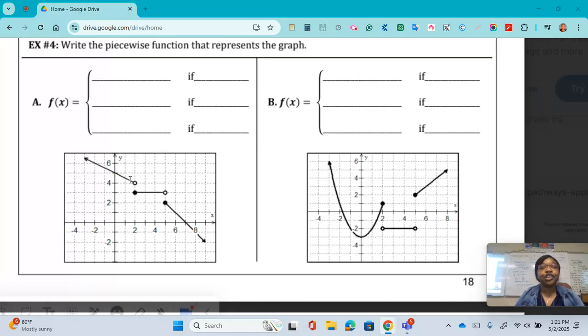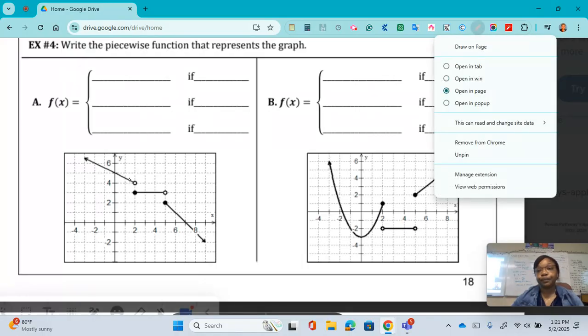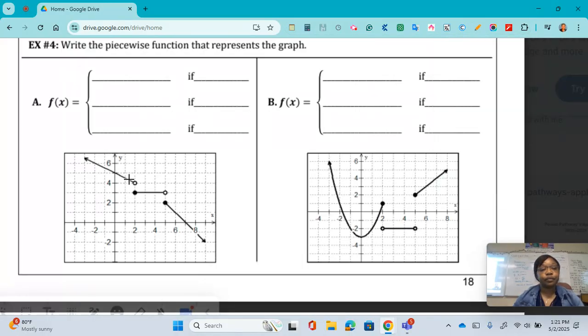A linear function is in the form of y equals mx plus b. m is our slope, and our slope goes rise over run. Our b is our y-intercept. That's where it crosses the y-axis.